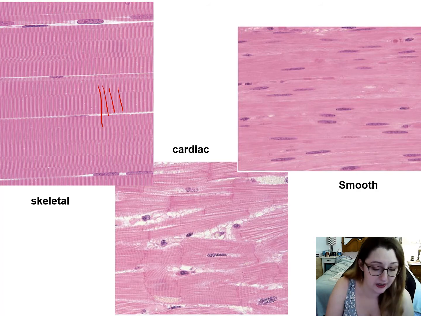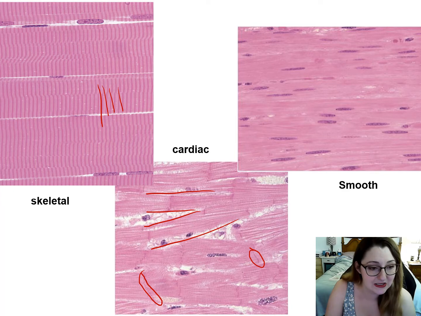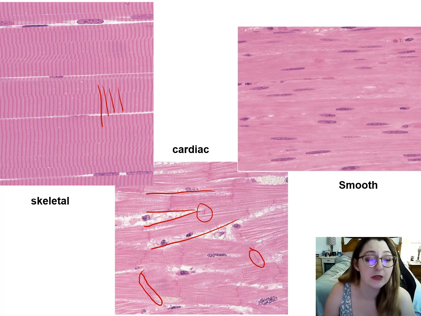And you can see that cardiac muscle tissue is going to very much so kind of imitate that, but we have this branching going on in our cardiac muscle tissue, as well as we have these little lines or these discs known as intercalated discs. And then of course with smooth muscle tissue, it just looks very smooth because it is not striated.